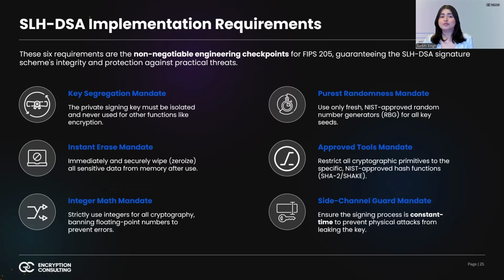This is arguably the most challenging and important rule for hardware engineers. Your implementation must be engineered to protect against physical espionage. We're talking about timing attacks and fault injection attacks. You must ensure two things. First, the time and power it takes to sign a document never changes based on the value of the secret key being processed.